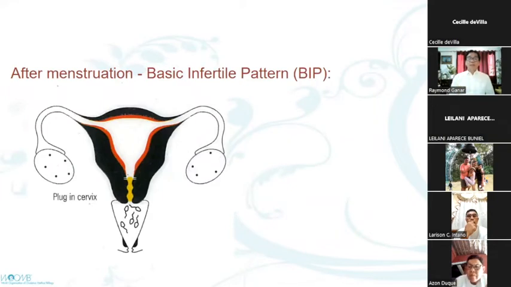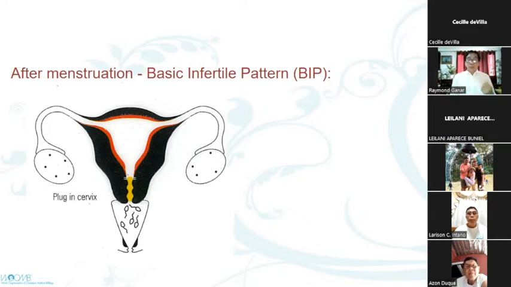After menstruation, all of you are already familiar to the next phase of the cycle. And we call it the BIP or the basic infertile pattern. If you will look at the slide rule that I am holding, there are two types of BIP, but we are still dealing with the first type of BIP, and we call it the BIP of unchanging pattern of dry. In short, BIP of dry.